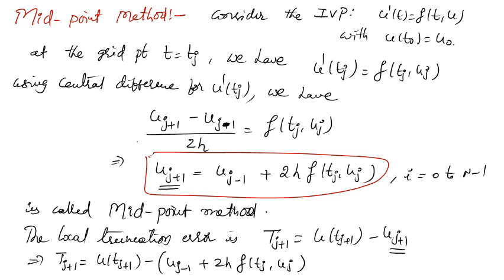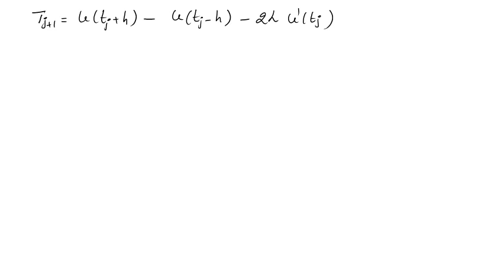Now let me write Tj plus 1 equal to u of tj plus 1 means u of tj plus h, minus what is this one, uj minus 1 means u of tj minus h, minus 2h into f of tj comma uj. One can write this is the first derivative, u dash of tj, because u dash of tj is nothing but f of tj comma uj, right?